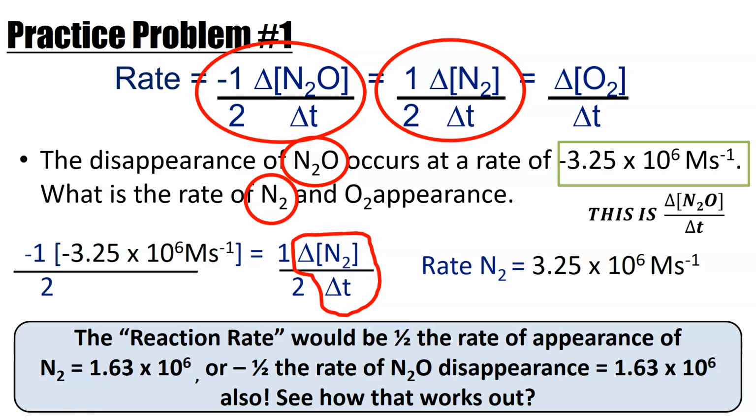Do you see how if I plug it into the entire circled part, I get the exact same reaction rate number, no matter if I use the N2O or the N2? It doesn't matter because they are equal to each other. The rates of appearance and disappearance may not be equal, but the reaction rate will be equal.